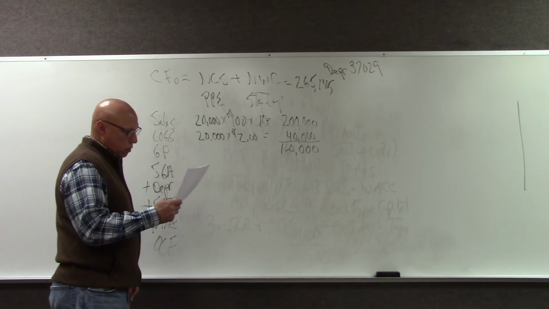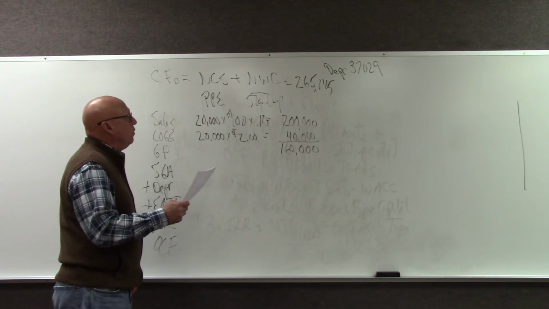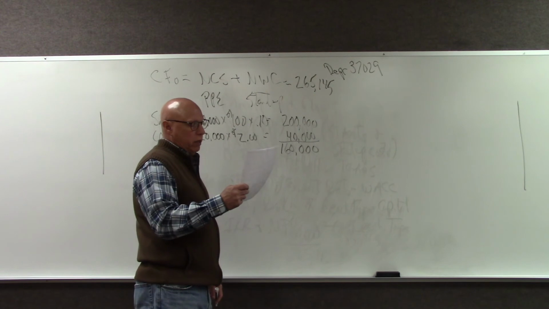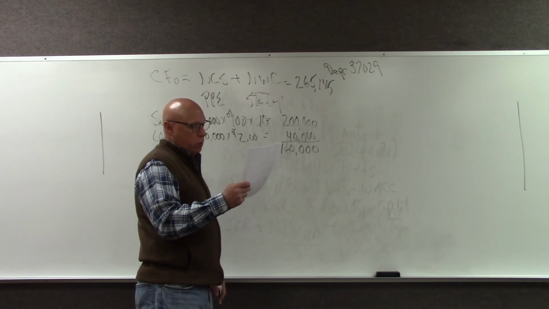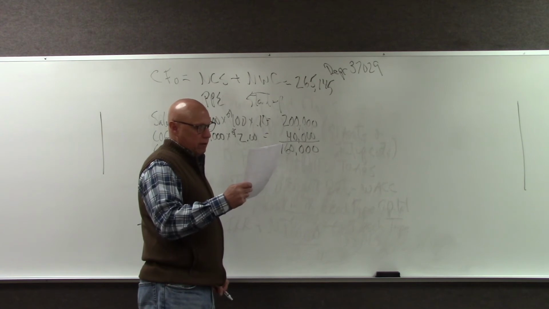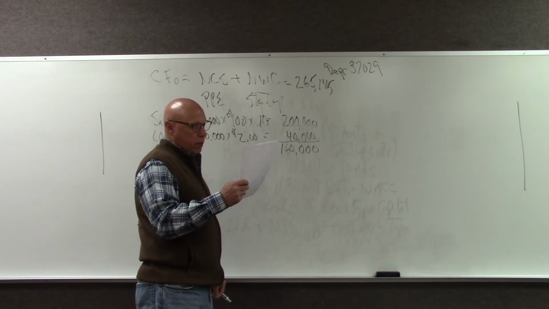Okay? Our SG&A, we are told that it will cost... oh, wait a minute. You know what? The 265,145, let me clarify for you, because there are two ways we can handle legal and accounting. We can expense it, or we can put it upfront into working capital.